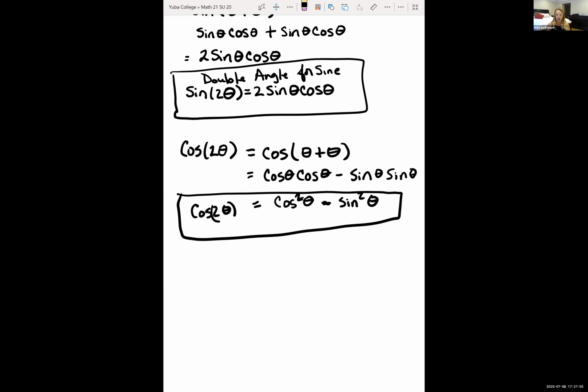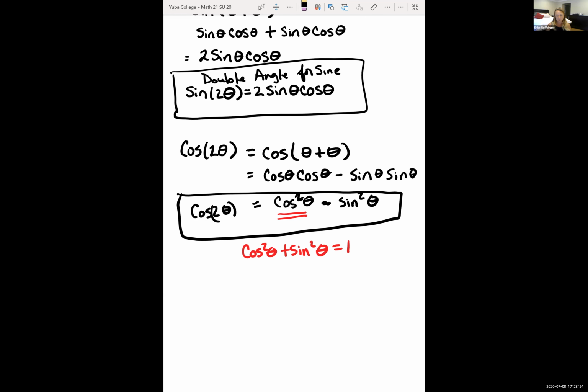And how we're going to derive the other 3 is we're going to use our Pythagorean identity, cosine squared theta plus sine squared theta is equal to 1. And so let's rewrite what cosine squared theta is in terms of sine squared theta.